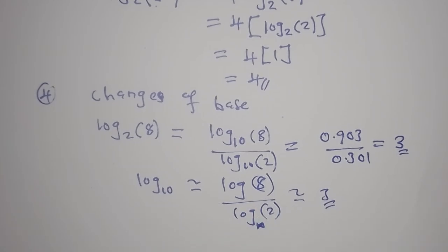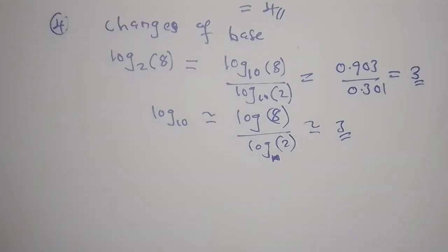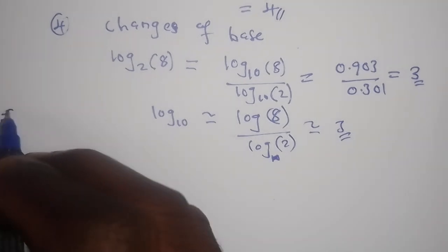And the last 2 are about identity and the log of 1. So this is example 5.